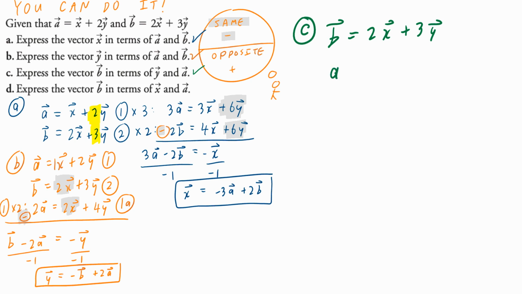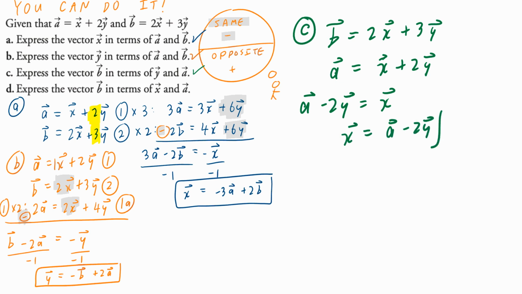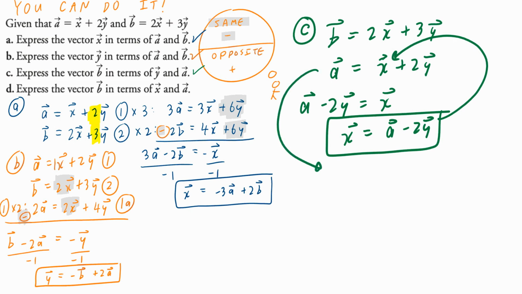So we go back to the given, a equals x plus 2y, and all we're going to do is isolate for x. So again, the opposite of adding 2 times vector y is to subtract. So you can write down a minus 2y equals x, or you can say x equals a minus 2y. I'm going to put a box around this. I'm going to plug it back in, and look what happens.